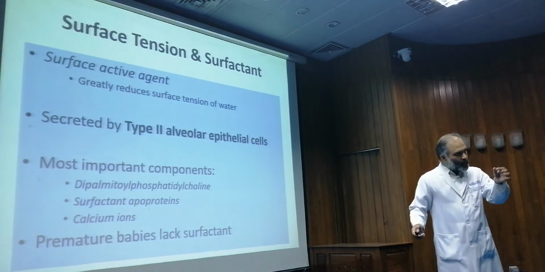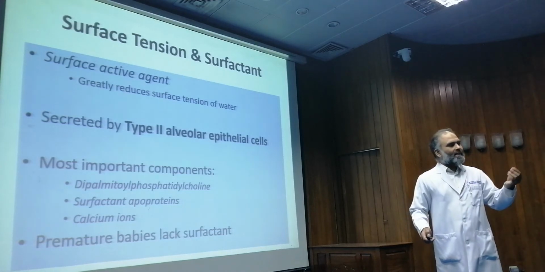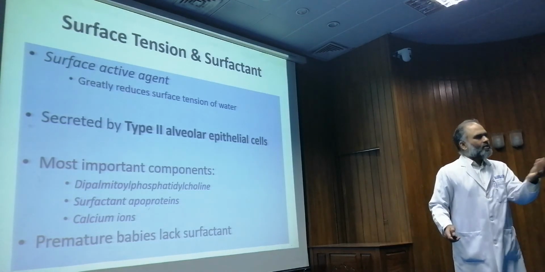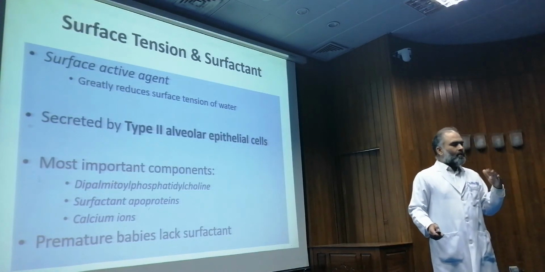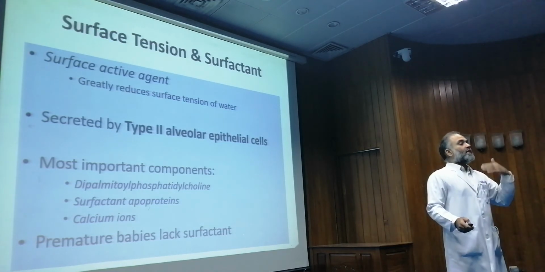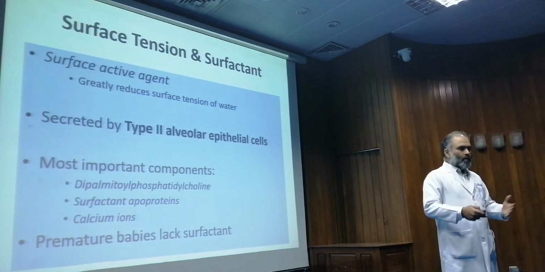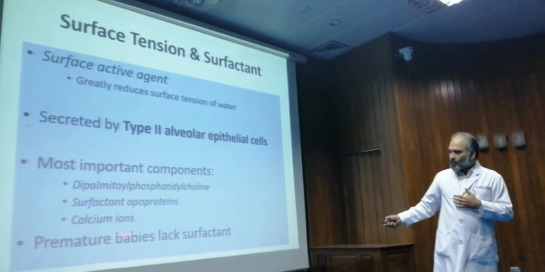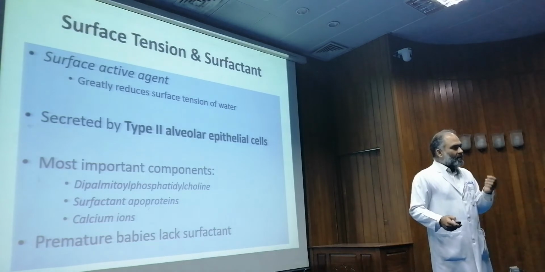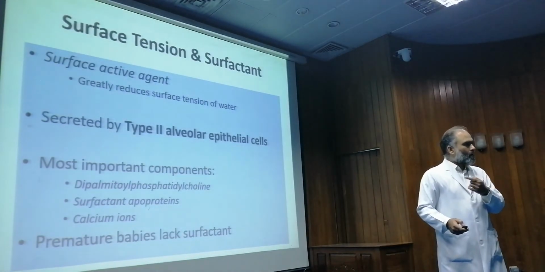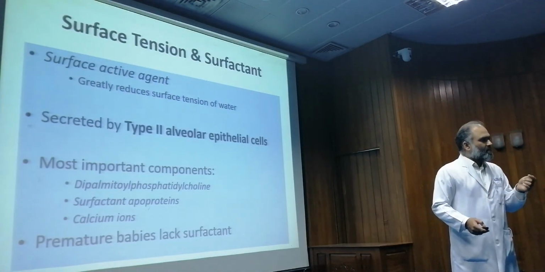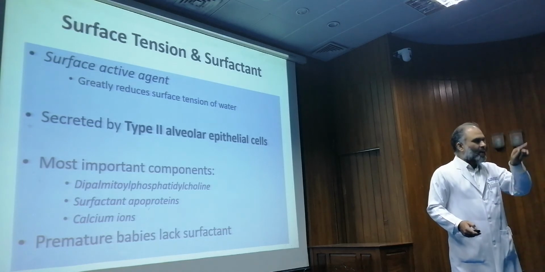So the lining of the alveoli normally produces a chemical which has detergent quality. Don't write it, don't ever reproduce that. It decreases surface tension. So normally we have this thing, and this is the composition of it. This is released by these alveolar cells, and it decreases the surface tension of that fluid lining the alveoli.